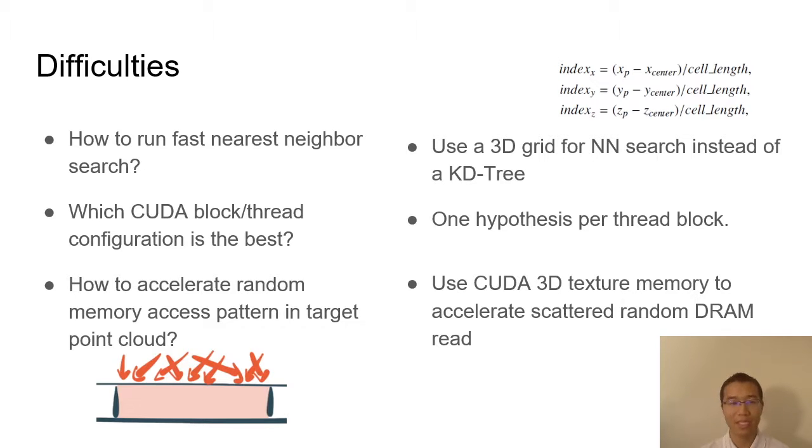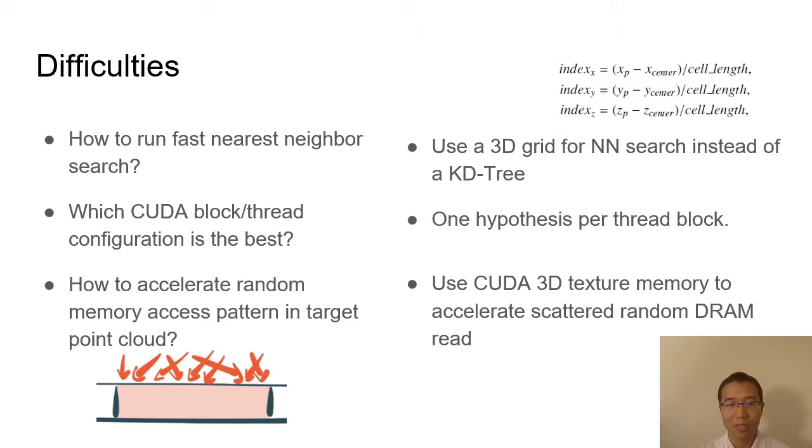The third one is how to accelerate the random memory access pattern inside the target point cloud. When we search from the source point cloud, we can iterate from one to another, but for the target point cloud, it's a random access pattern.